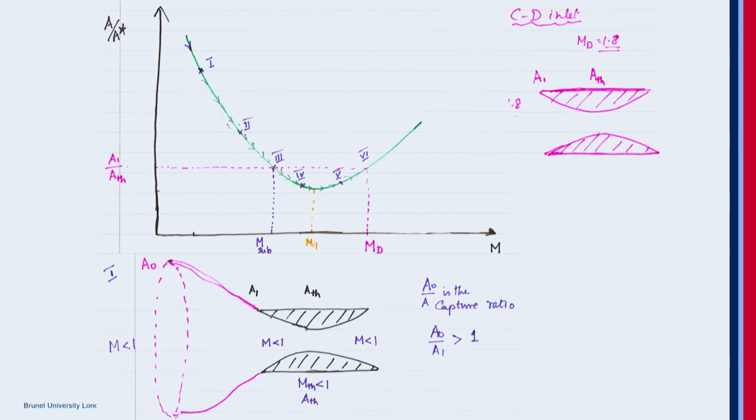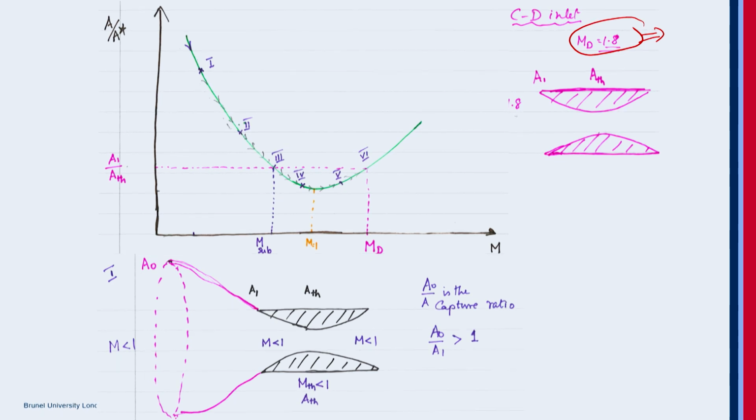Now what I'm going to do is, I have now designed an inlet based on the design flight Mach number. In this case, I just chose a numerical value of 1.8. For M 1.8, if you look at the tables, where are the tables?